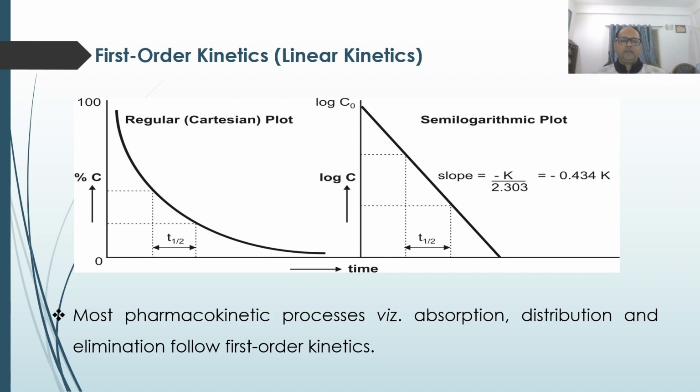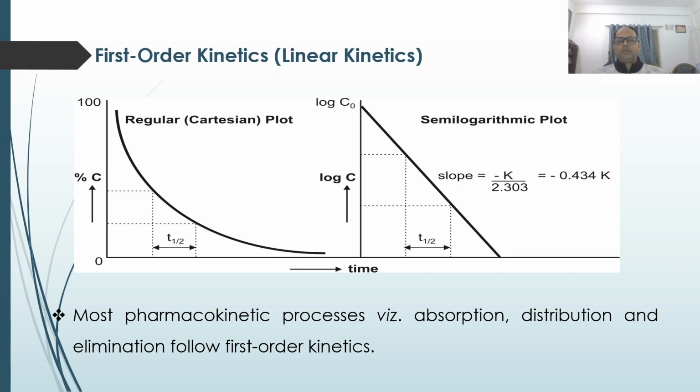The plasma drug concentration decreases in a curve, not in a straight line or linear way. But when you plot a graph between log C versus time, already I told you that the equation is in the form of y is equal to mx plus c, a linear curve.